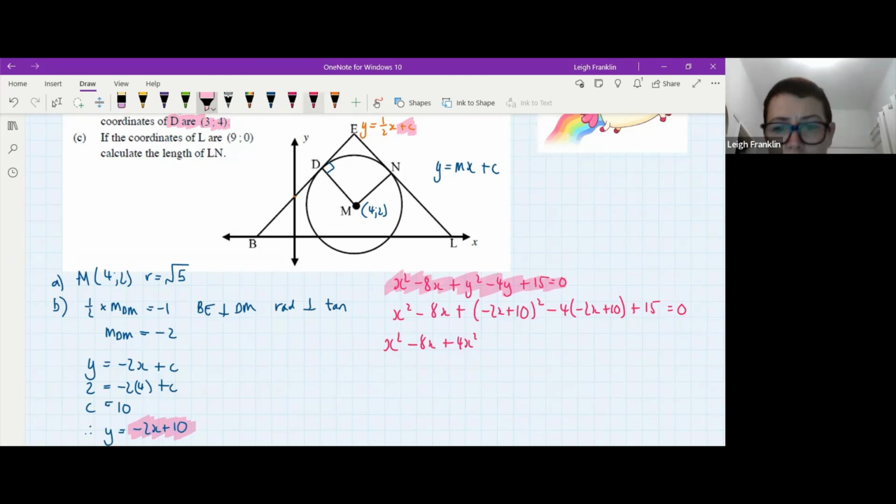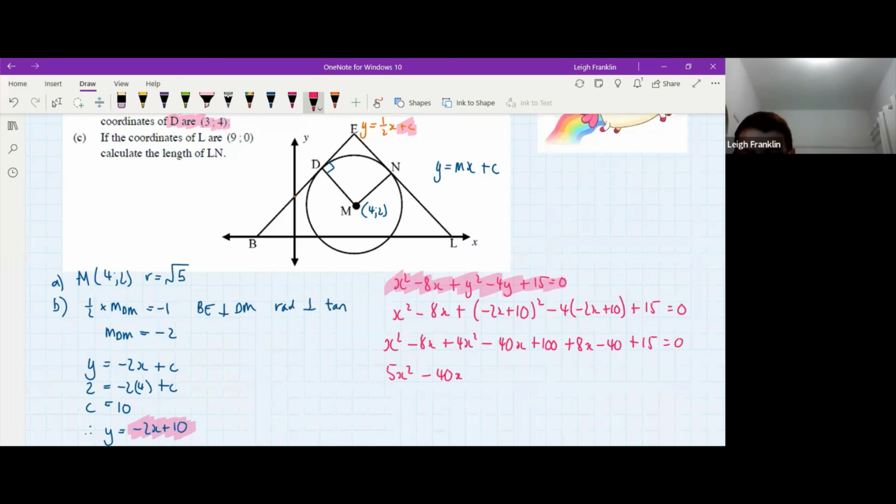So we're going to run out of time here, guys. Minus 40x in the middle, plus 100, plus 8x, minus 40 plus 15 equals 0. So what is that going to leave us with? 5x squared, minus 40x in the middle, and then our number term, that would be 75.